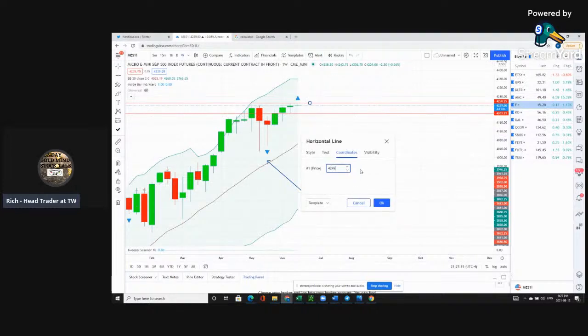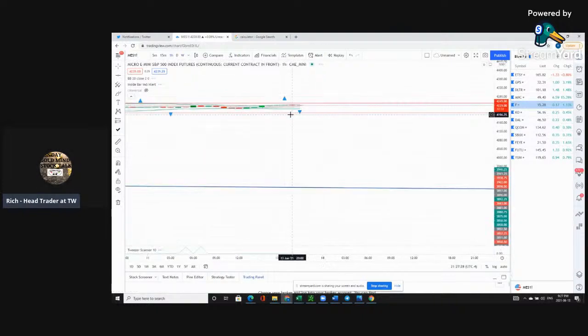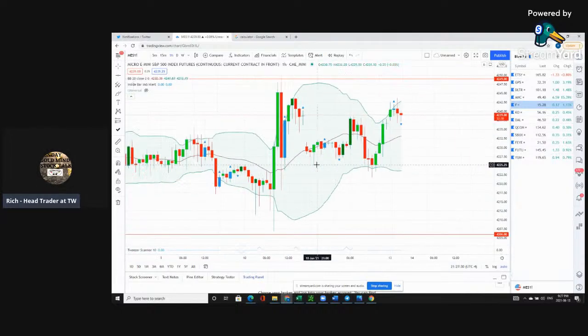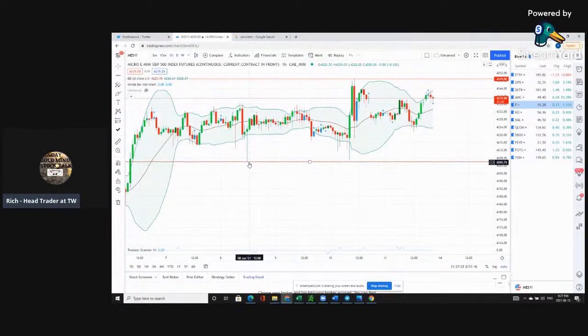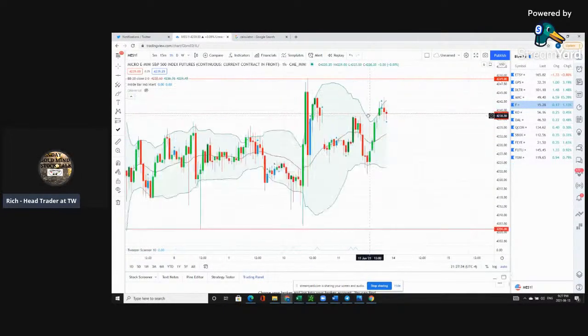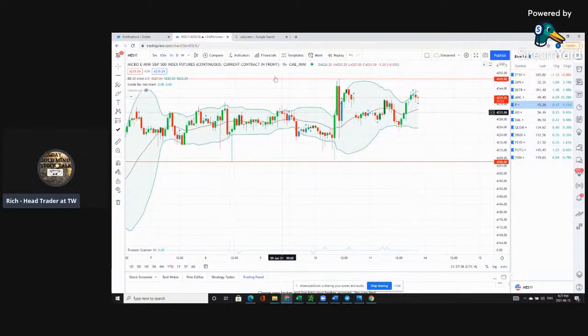So let's go in here, 42.49, and then the low is 42.06. So we're going to go here, 42.06, and we're going to go here on the hourly, hit auto. So you can see here we have last week's range. Here was the low, here was the high. Right now we're opening inside of last week's range.